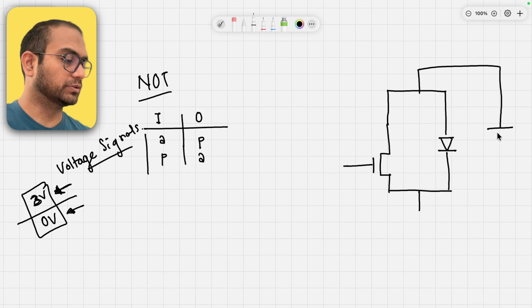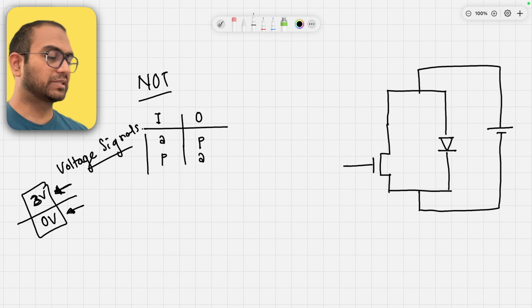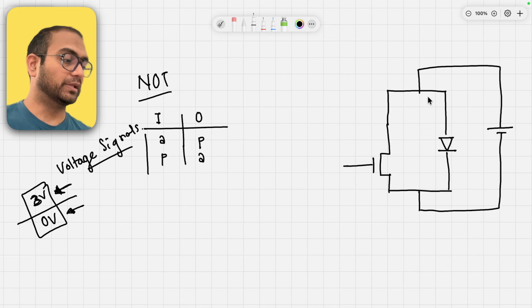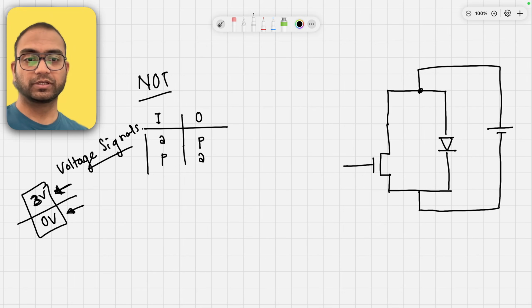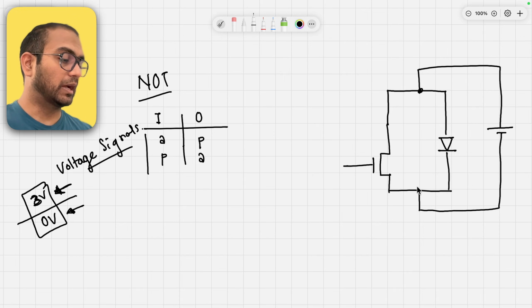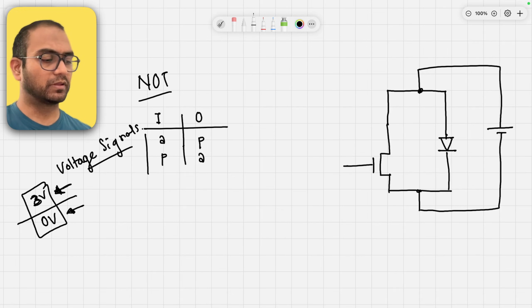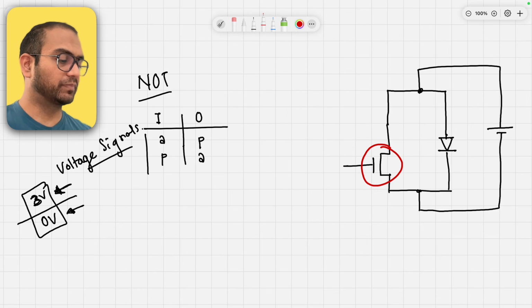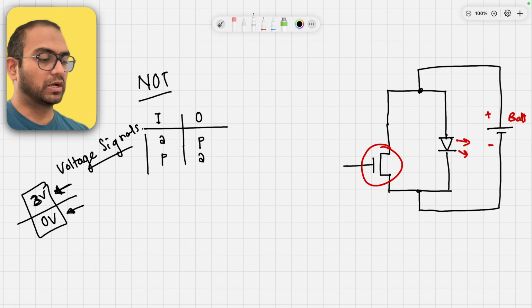This is connected to a battery. In this case, I'm assuming that the current would be limited, not too much, just to keep the focus on the key idea. So we have the battery here, this is the plus side, this is the negative side, and we have the friendly FET here.